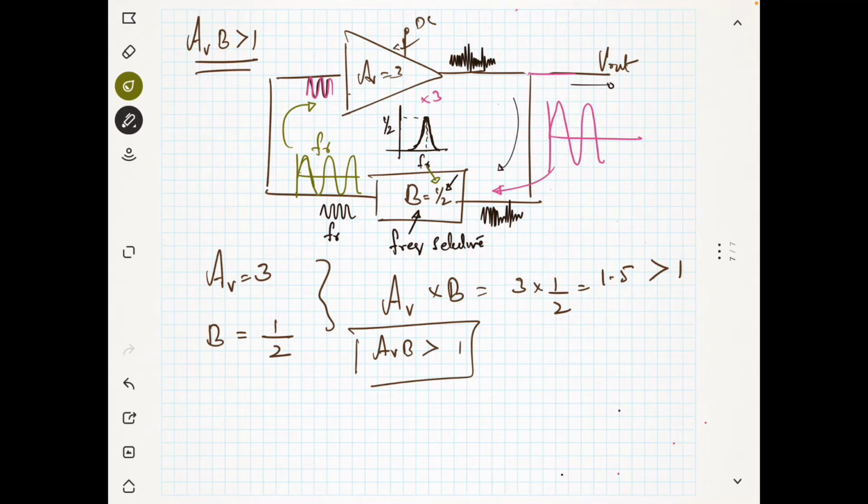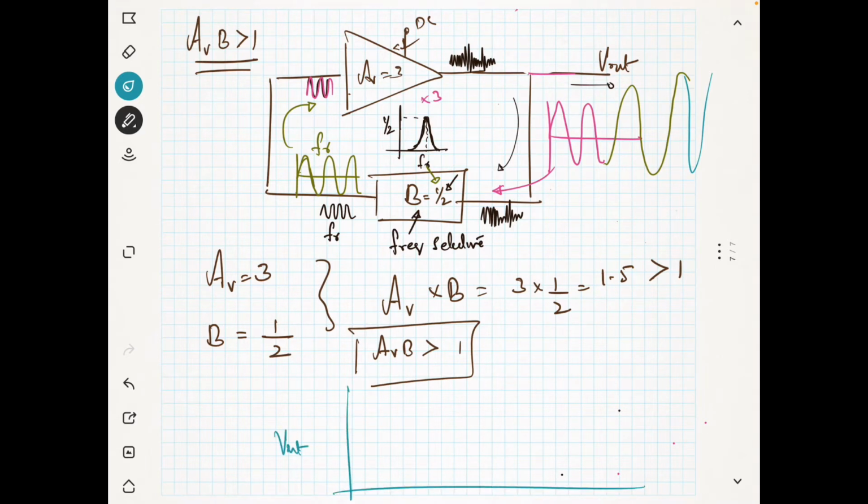Now this signal is reaching the amplifier, and it will be multiplied again 3 times. So the signal will be increasing again. In the next cycle this is going to repeat, so the signal will again increase. That means your V out will look like this.